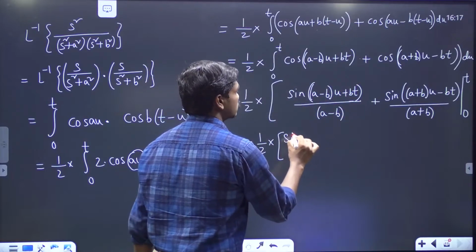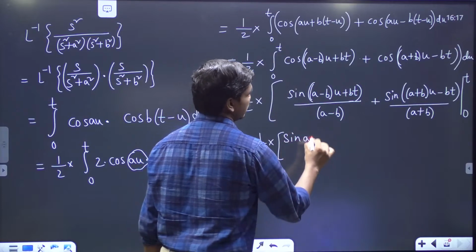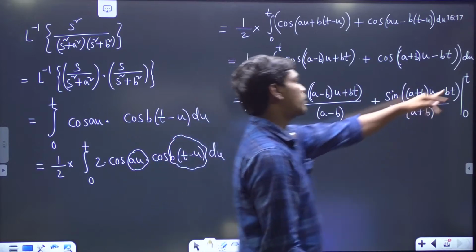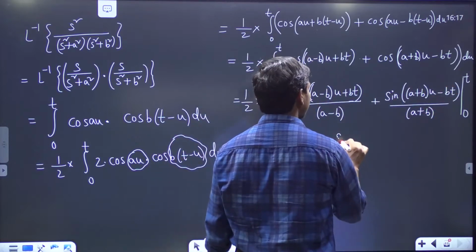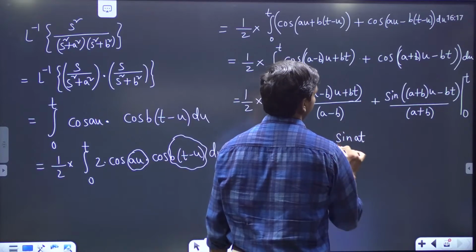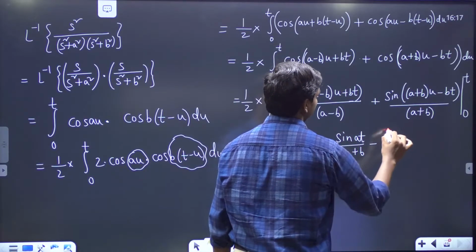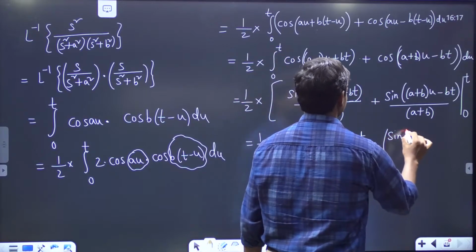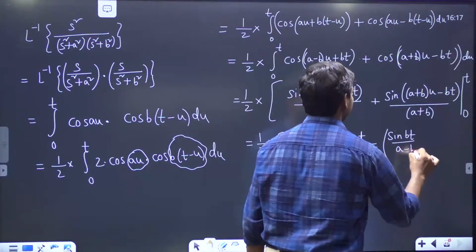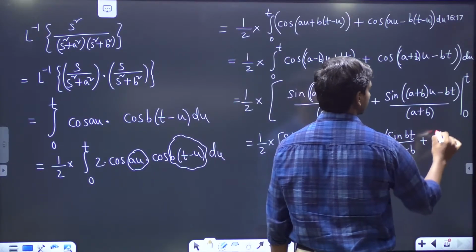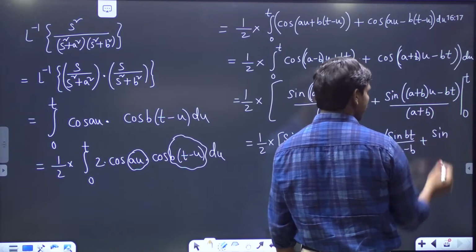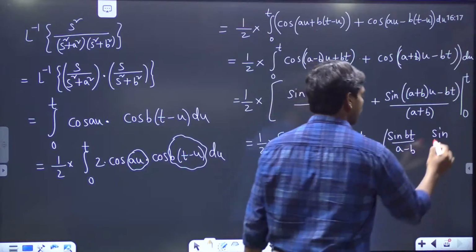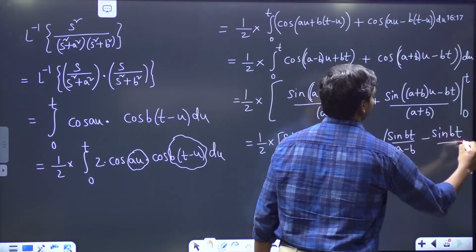So you can write sine at divided by a − b plus, again if you put t here, the bt will be cancelled again, so sine at divided by a + b, minus, if you put 0 in place of u, sine bt divided by a − b, and plus sine of minus bt, which is minus sine bt, divided by a + b.